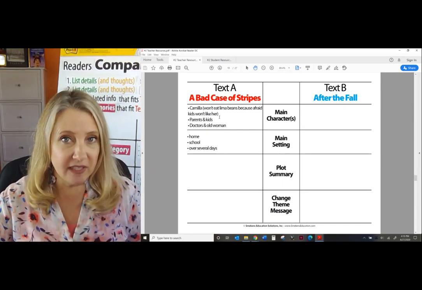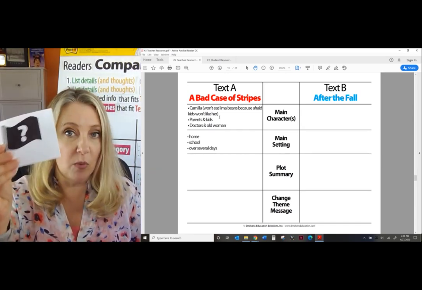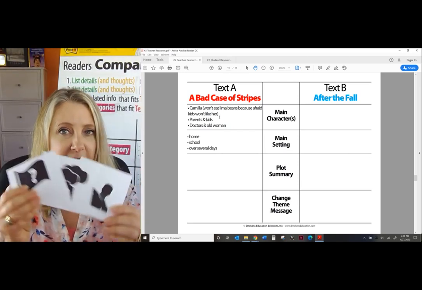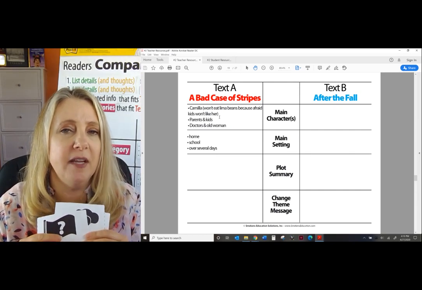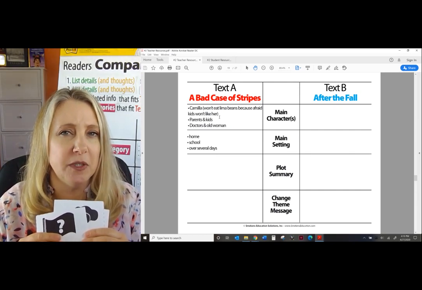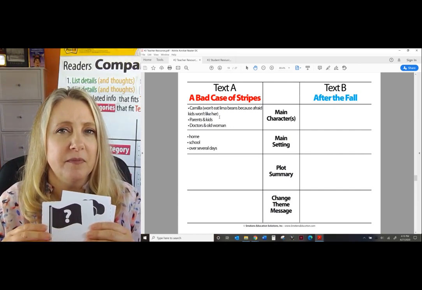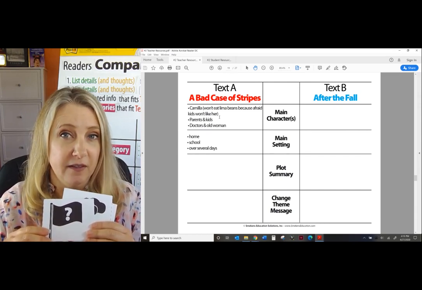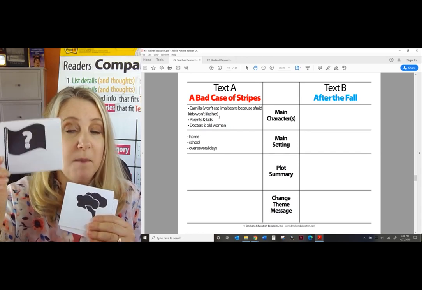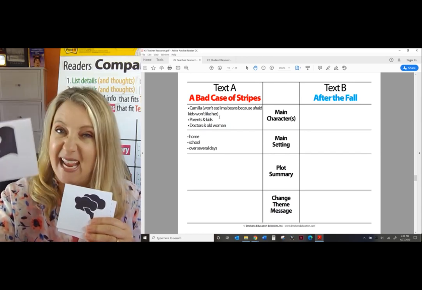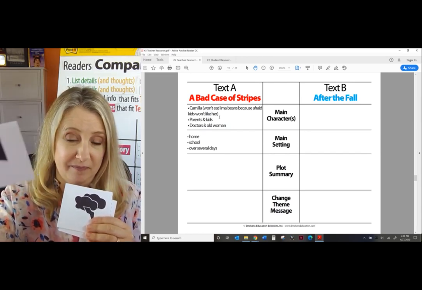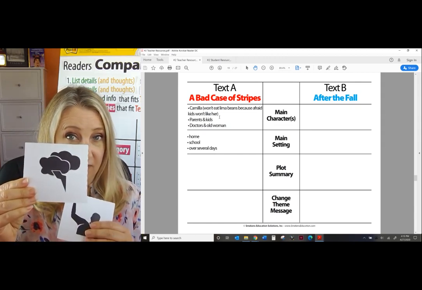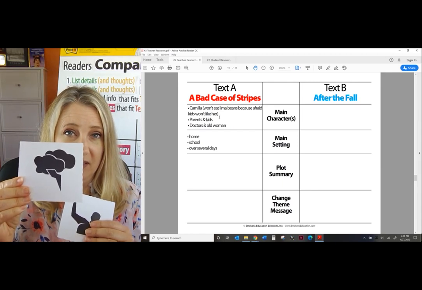Now, I want you to really think about the plot, okay? What was her problem? What was happening? How did it get fixed? You think about it. Now say it in your own words. Good. So the problem was she had a bad case of stripes, and she kept changing every time somebody would say something.